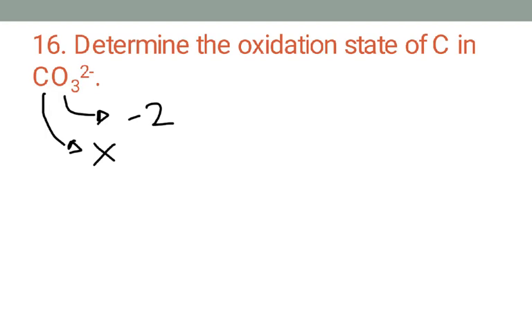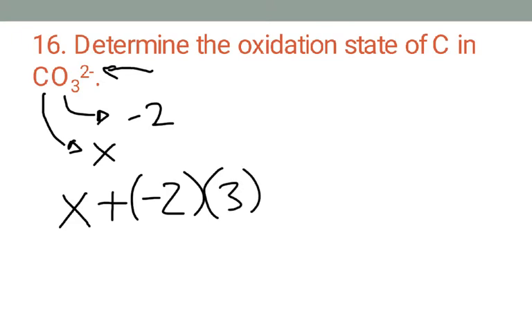And then we know that the sum of the oxidation states in an ion, this is an ion, right, because it has a charge on it, will equal the overall charge. So you're going to have X plus, oxygen's -2, but you have 3 of them, and this is all going to equal -2.